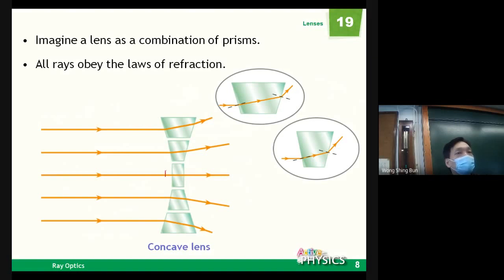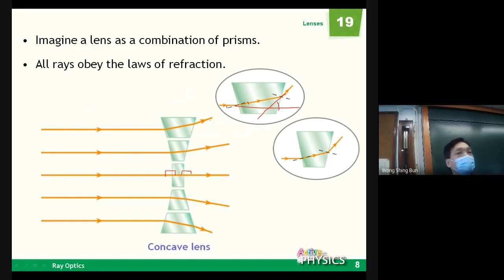The middle one, normal incidence, straight line. How about this part? Look at this. Less dense medium to denser medium, bend towards the normal. And then come out, bend away from the normal. You can see the change in the direction. This one is the deviation angle.